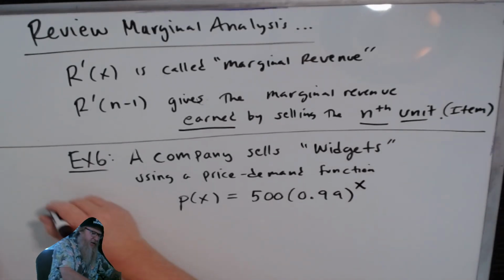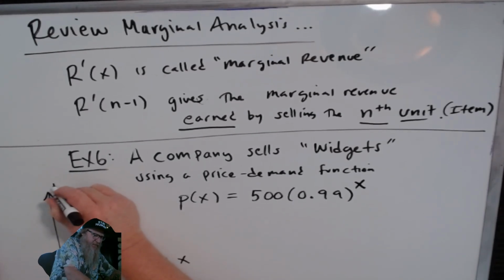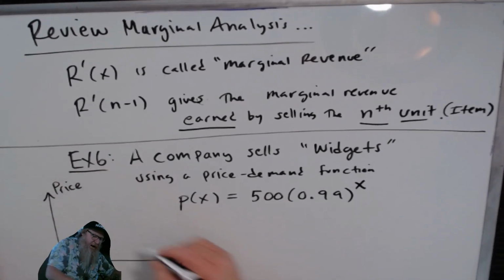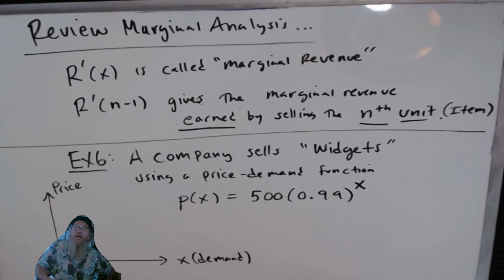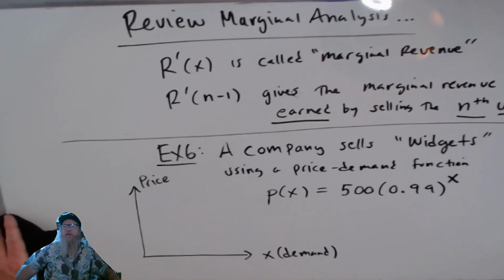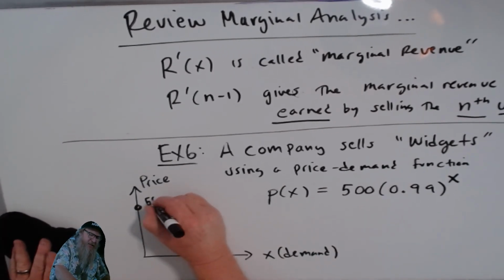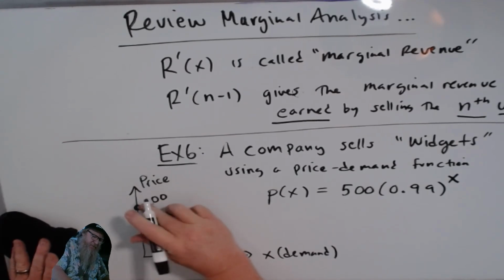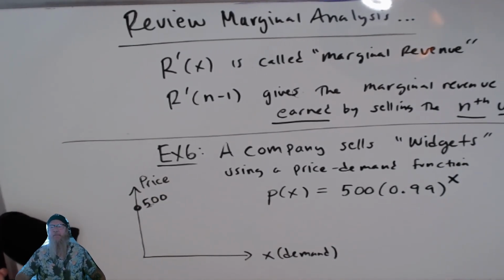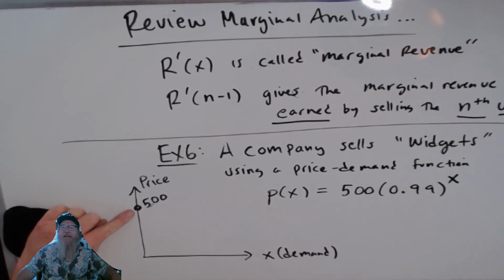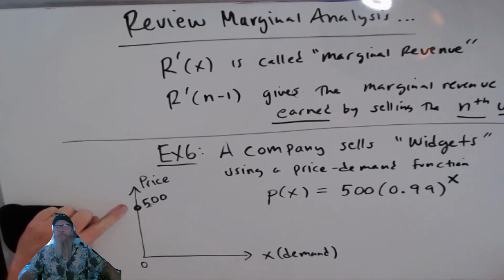So in this particular price demand function, price is the y and x is the demand. The 500 is the highest price that you would ever sell the item for. The problem with selling something for $500 is that nobody's going to buy it.